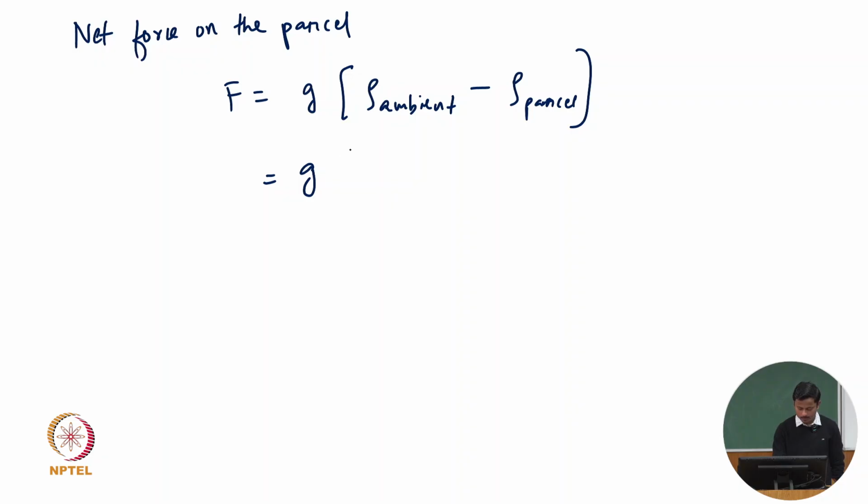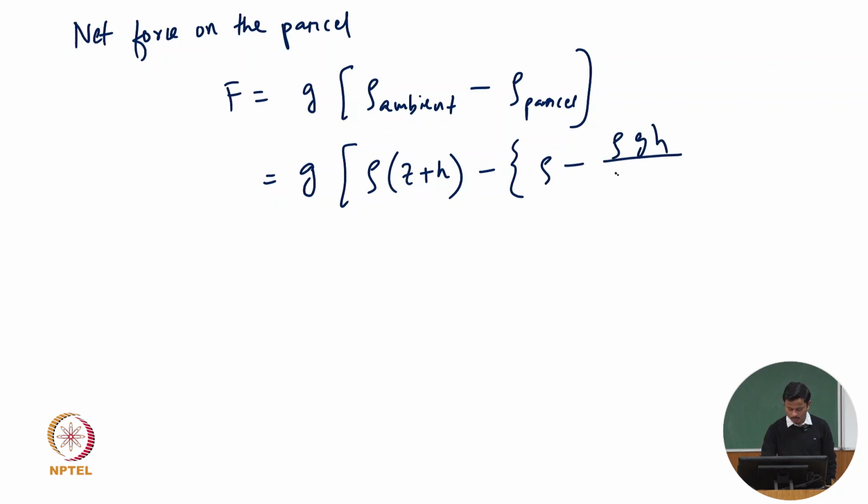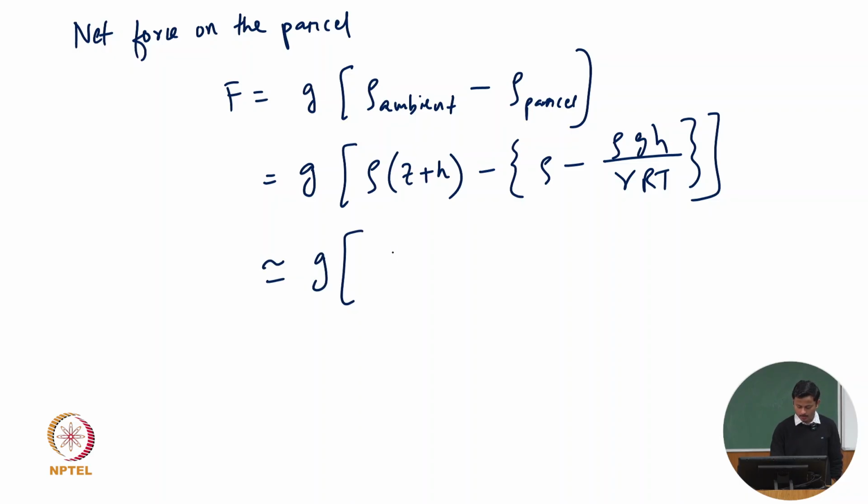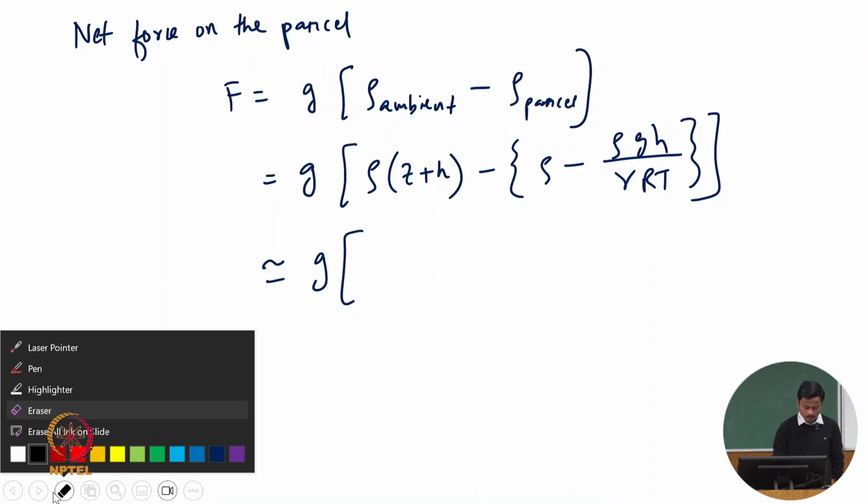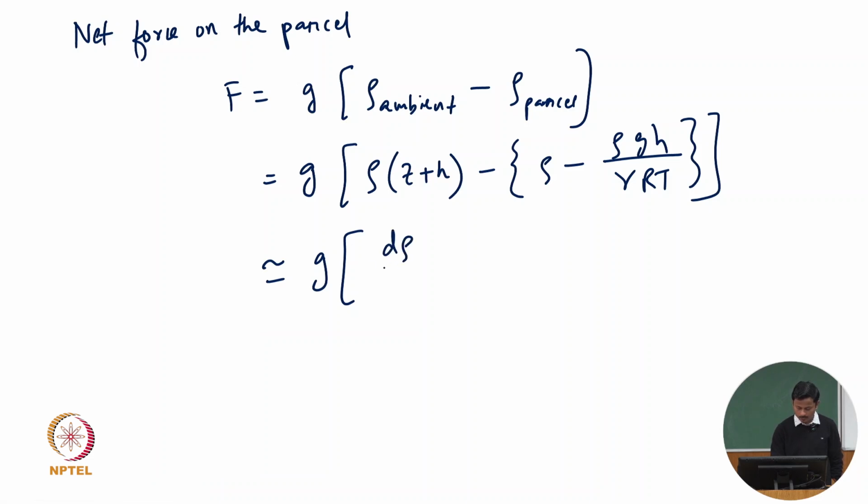So rho z plus h minus rho parcel, which we have already derived, is rho minus rho g h by gamma R T. This is approximately equal to, again using the previous relationship of rho g h, d rho by dz plus rho g by gamma R T, times h. So this is the net force that the parcel is facing.